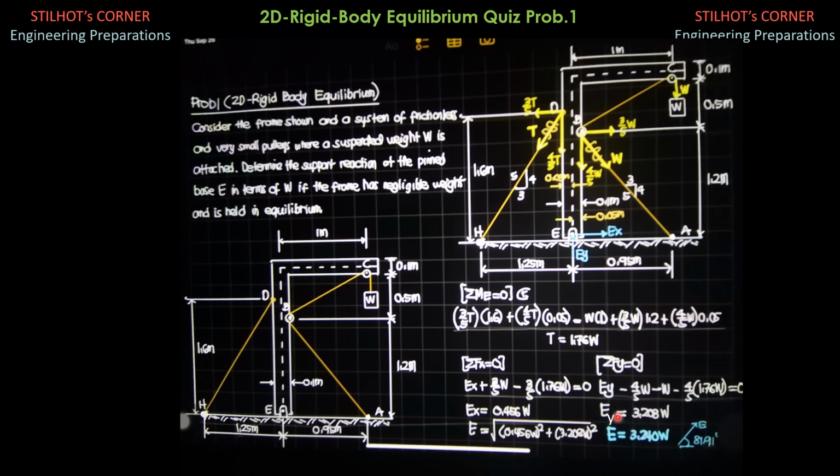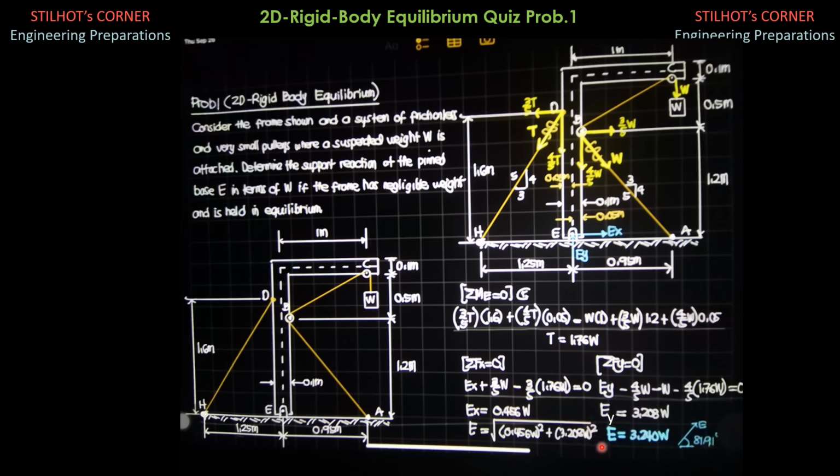So solving for EY is 3.208 W. So the magnitude of the reaction is the square root of EX squared, quantity 0.456 W squared, plus quantity 3.208 W quantity squared.